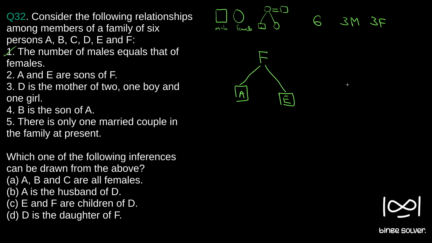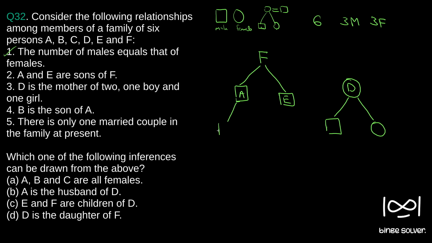So we have D, mother of 2. So she is a mother. So gender D, there is a boy and there is a daughter. It is already said there is a boy and a daughter. That is one information. Then B is the son of A.